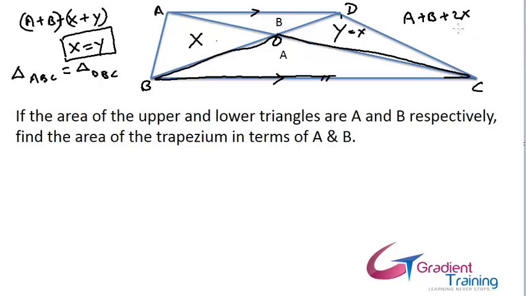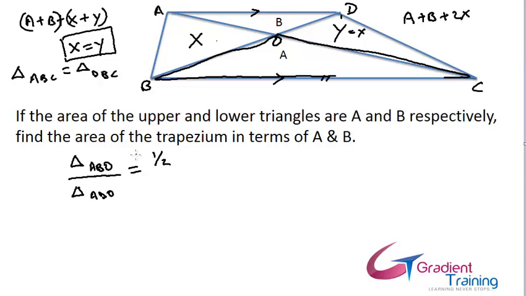And now we have to only find X in terms of A or B. So how do we do that? For that, consider these two triangles, triangle ABO and triangle ADO. These two triangles lie on the same base, that is BD. And if they lie on the same base, I can calculate their area in this way.